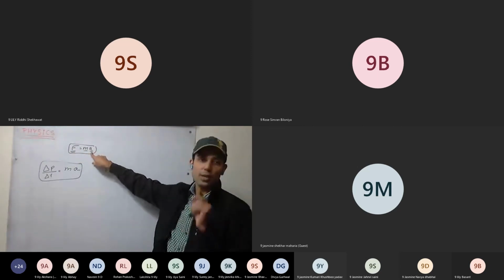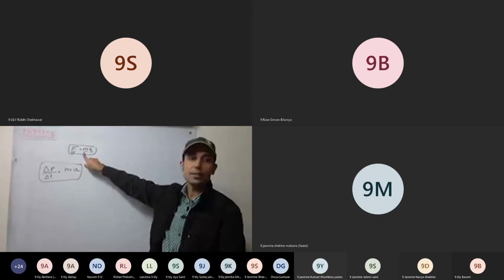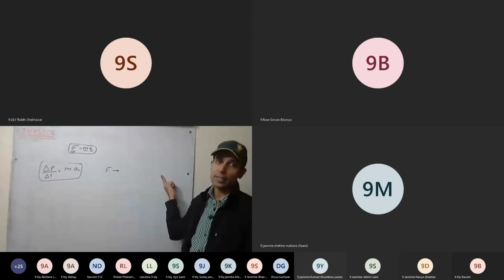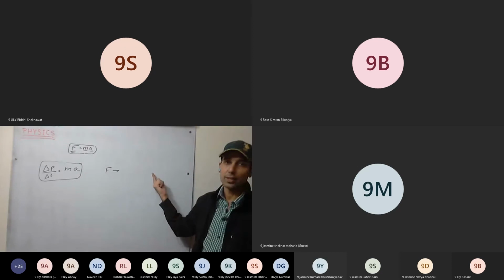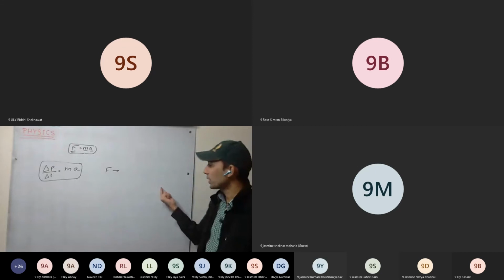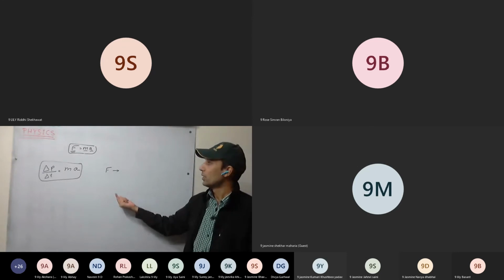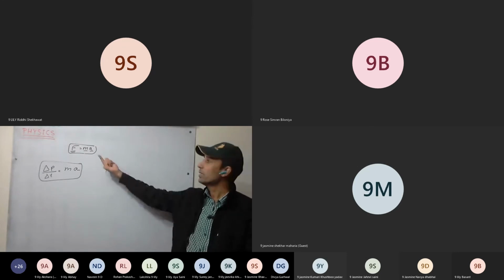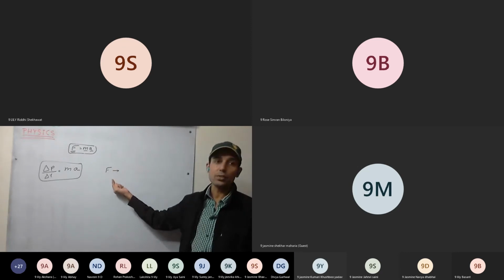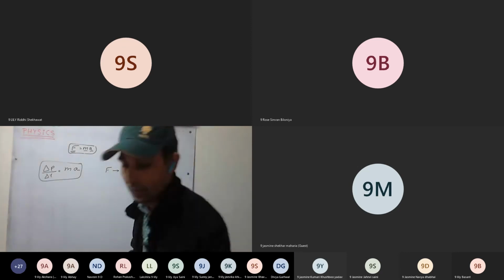So the first law just gives the idea, and in the second law we can calculate the amount. This is how the first and second laws are related.